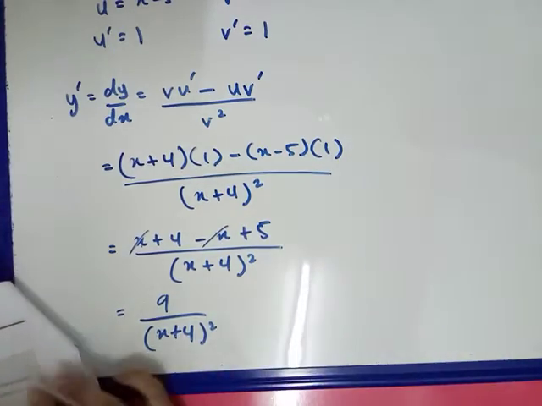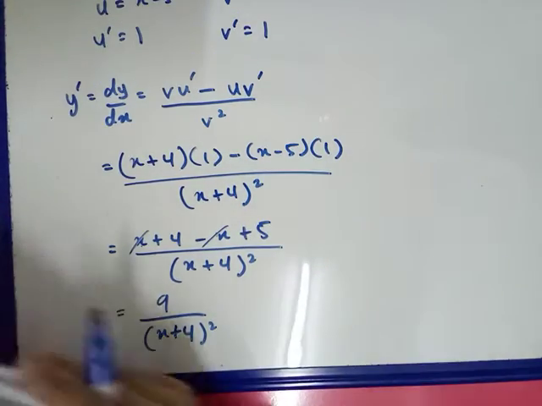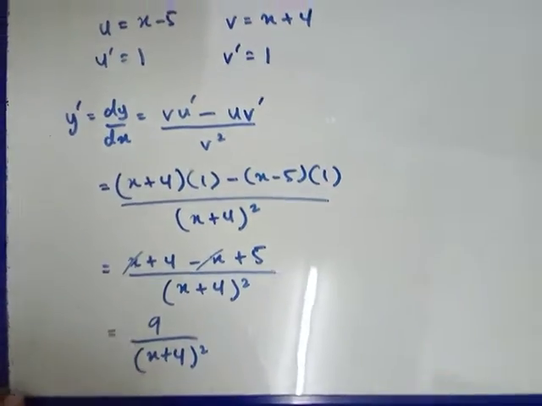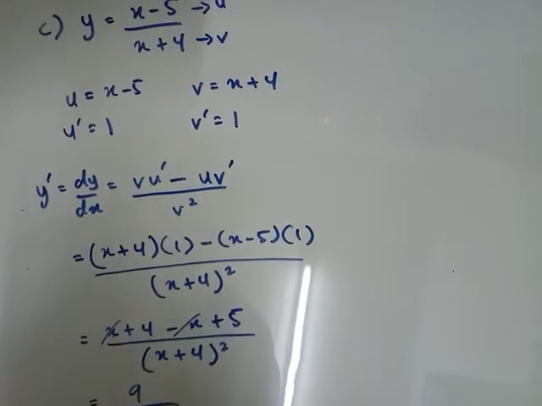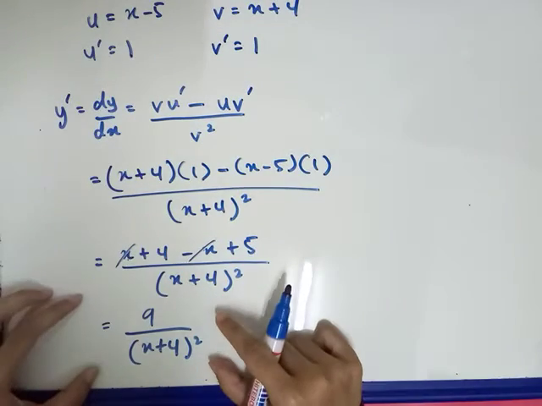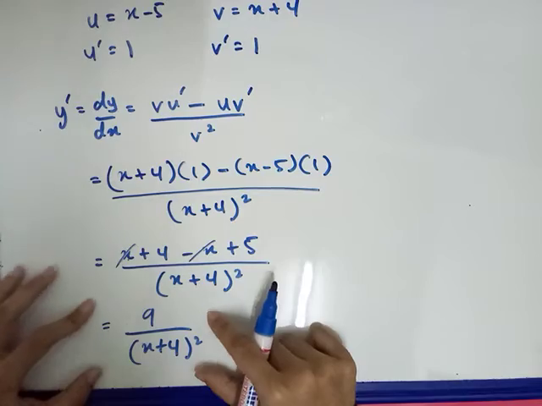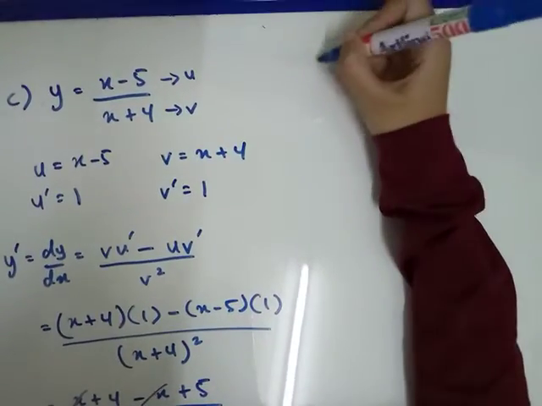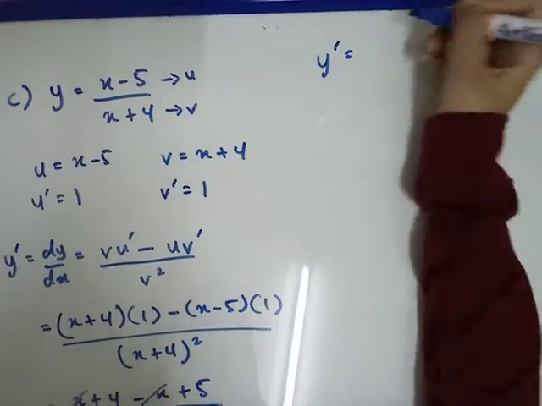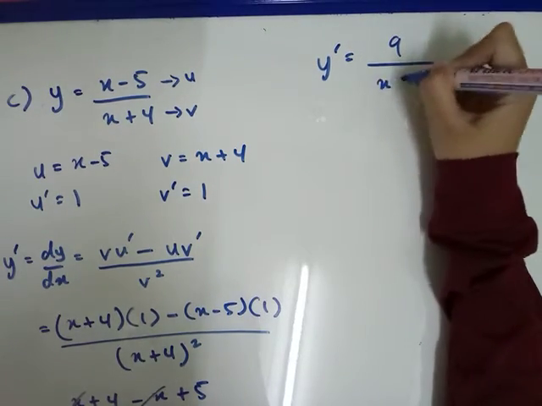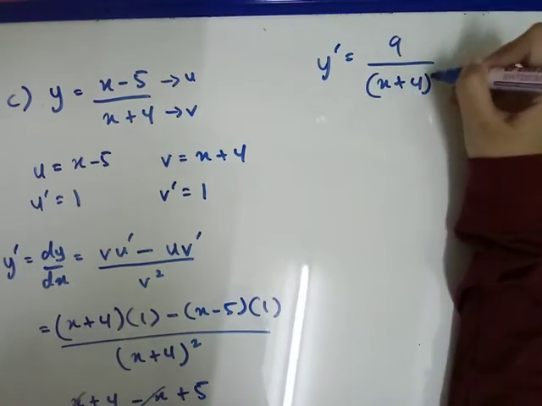But we need to get the second order derivative, the higher order derivative, that means we need to differentiate 2 times. So this is the first differentiation, the first order derivative. So y prime is 9 over x plus 4 power 2.